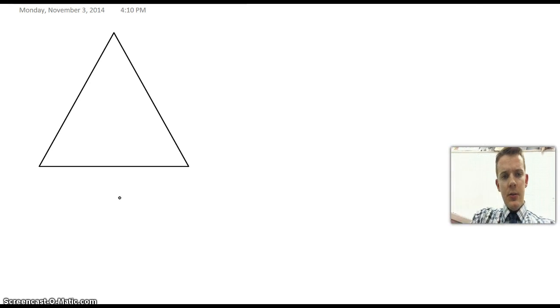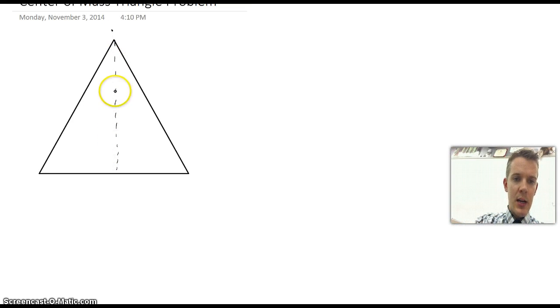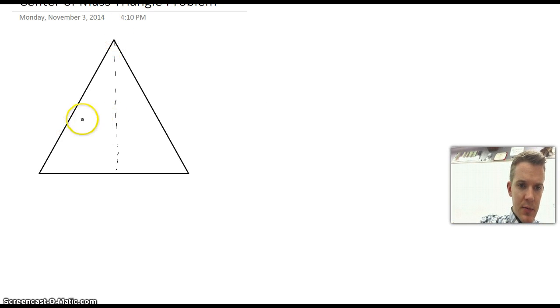So let's do a little thought experiment here. It might be tempting to think that the center of mass would be halfway up this line here. But we're going to see in a second that that's not true. Let's say halfway is right about there.